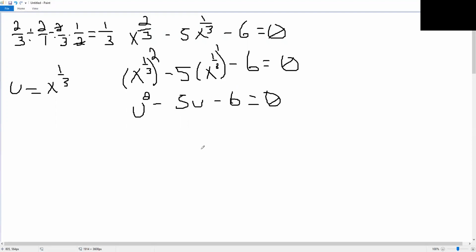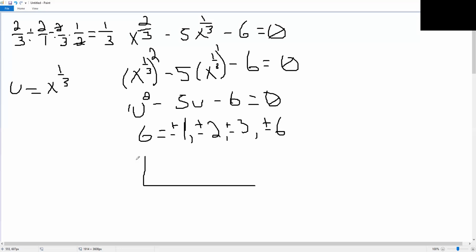Something we can solve. Let's go ahead and solve this. We have a 1 here, so let's do our factors of 6, which is plus or minus 1, plus or minus 2, plus or minus 3, and plus or minus 6. Okay. Now, let's draw our little box. Use the first number.